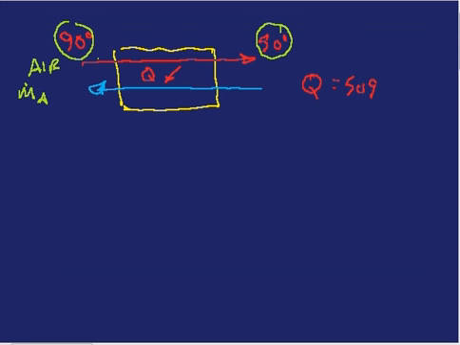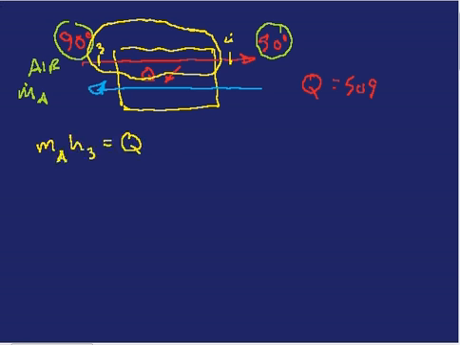So I can write, let's see, we called this state 3, called this state 4, and we can do now a balance on this subsystem here. Make this our subsystem. And we have m dot air H3 in is equal to Q out plus m dot air H4.